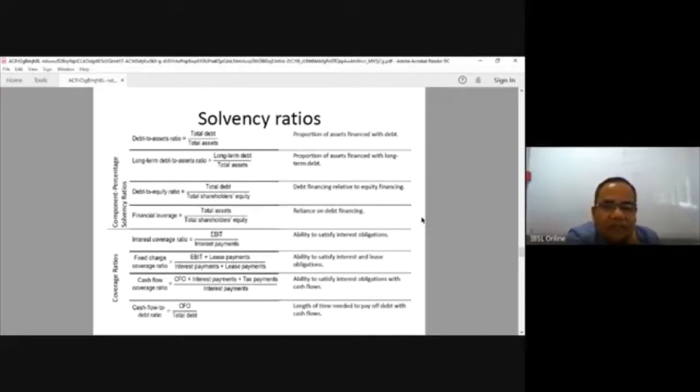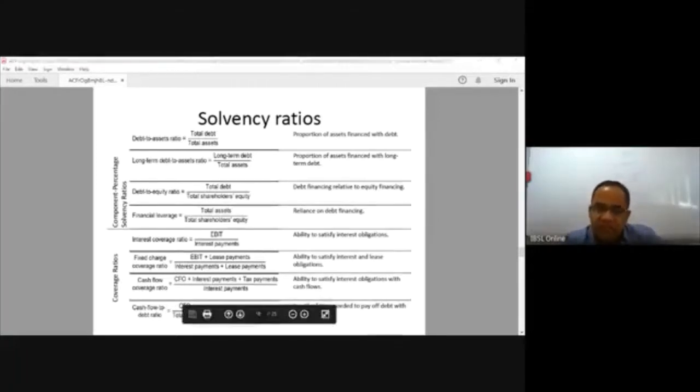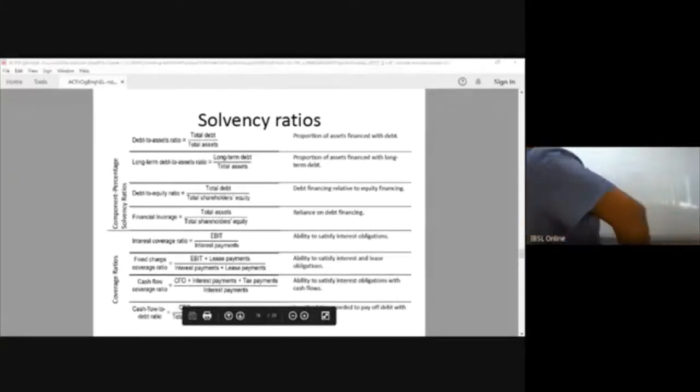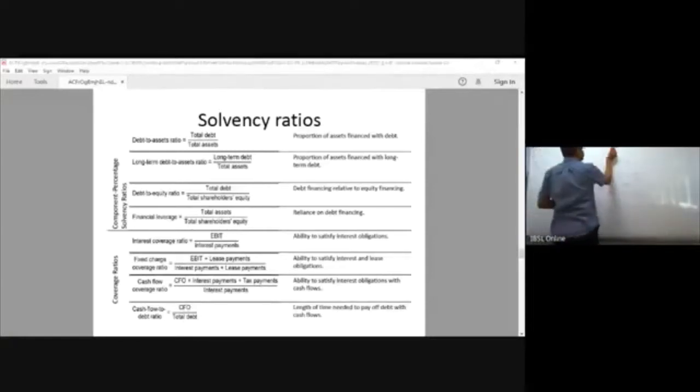Banks are highly leveraged. If I say my bank has 1.5 trillion in assets, and total equity is 125 billion, then what is the leverage ratio?